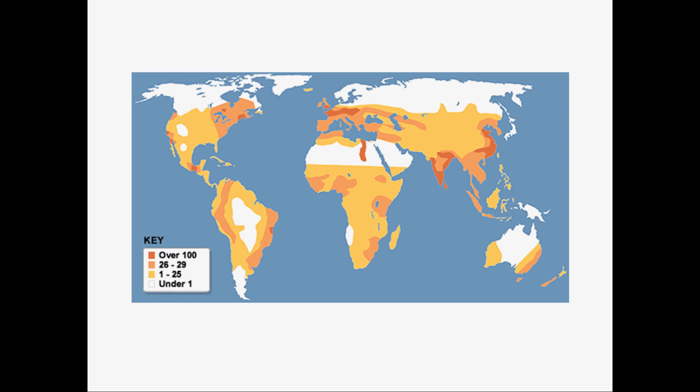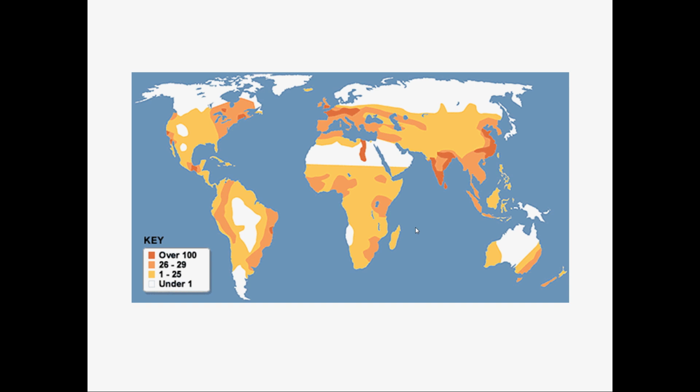So this is a map that's not very detailed, but it shows you roughly the areas of the red being lots of population density. You can see southeast of England, you can see Europe, you can see parts of the east coast of China, and India have got loads and loads of red and solid over 100 population density.